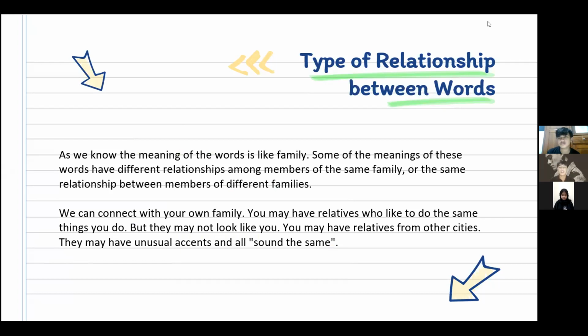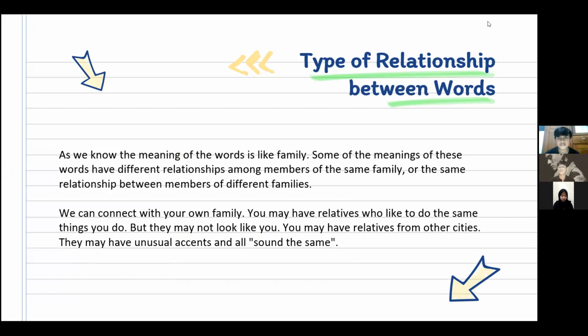You may have relatives who like to do the same thing you do, but they may not look like you. You may have relatives from other cities who may have unusual accents and all sound the same. So it means that words sometimes have a similar meaning and sometimes have a similar sound to other words.